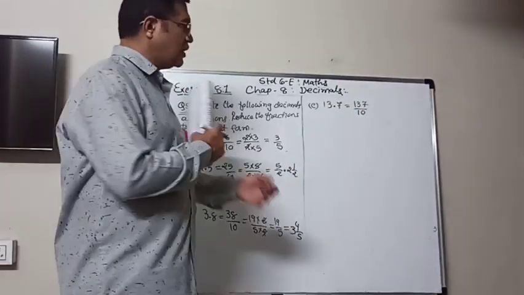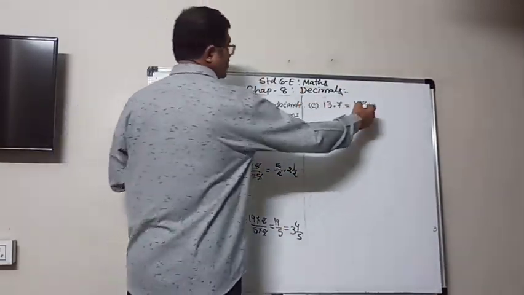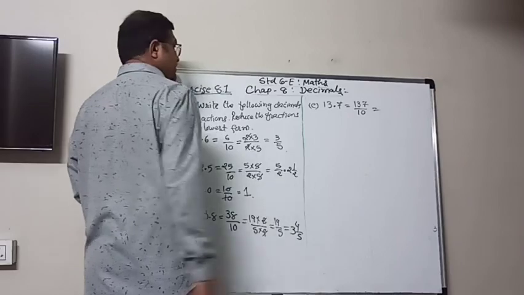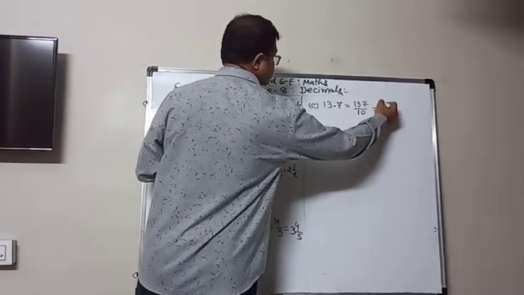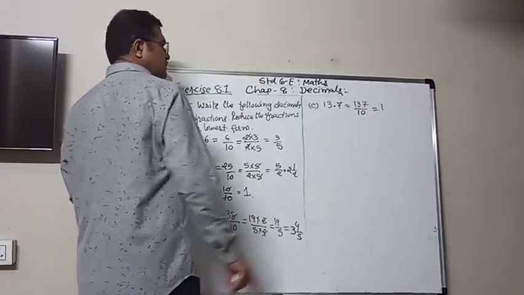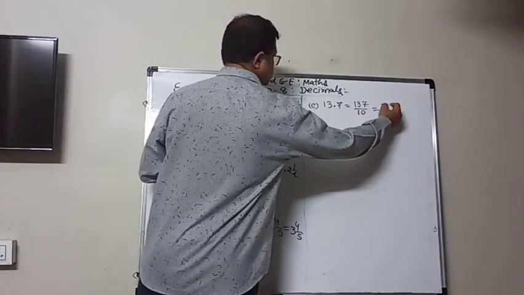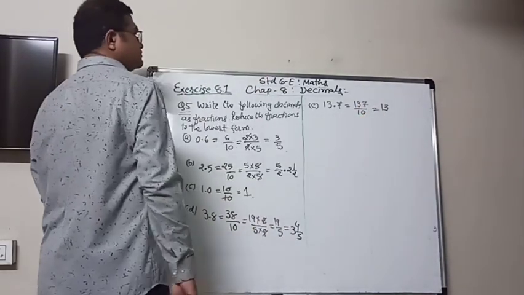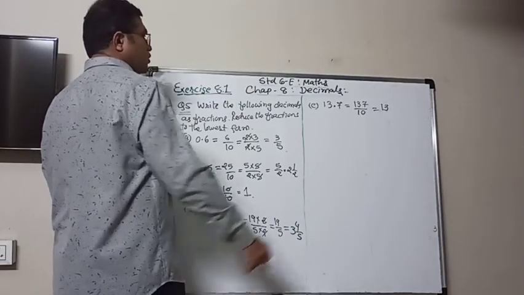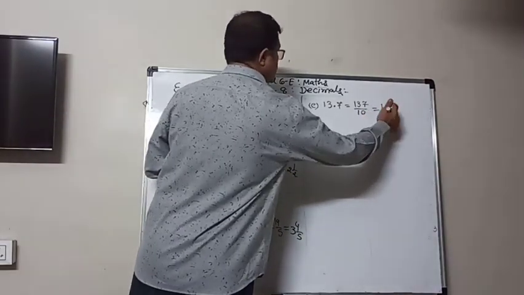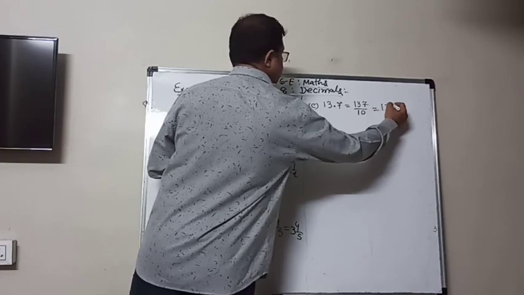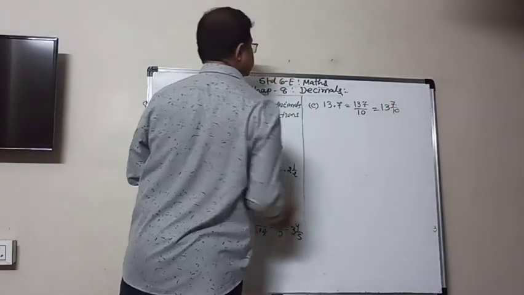But we can convert it into the mixed fraction. 10 1s are 10, 137, yeah. So 13 integer 7 upon 10.